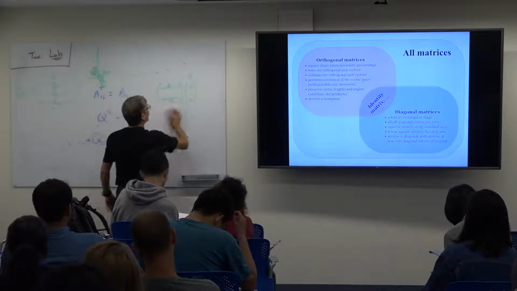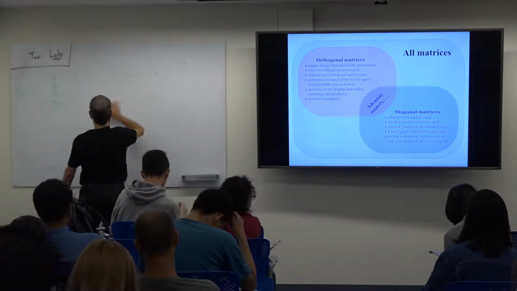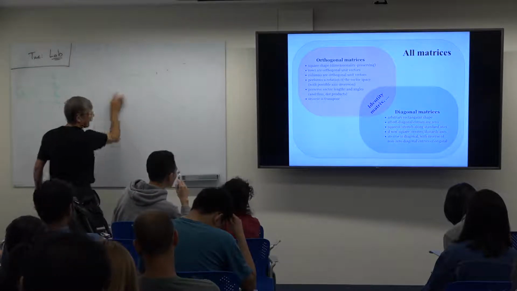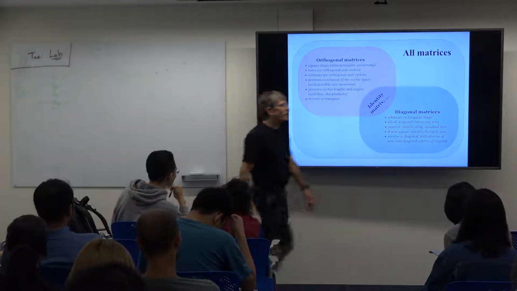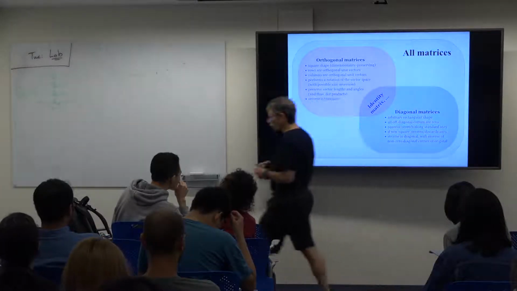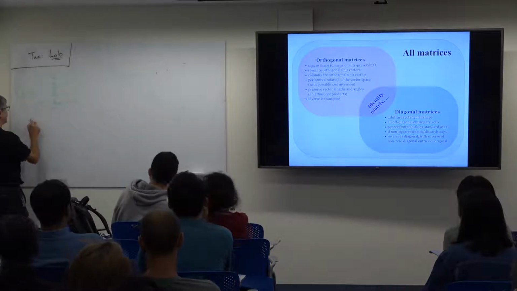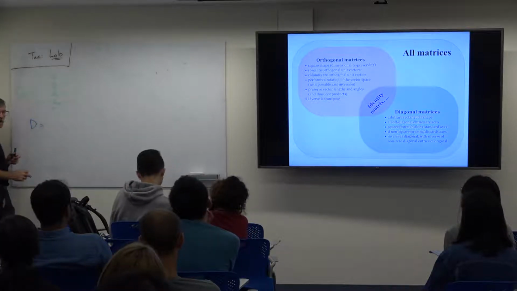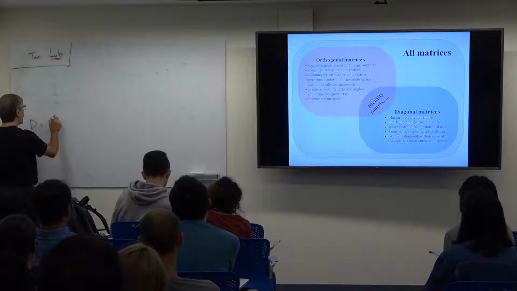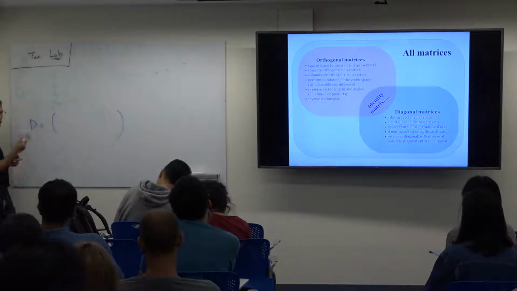So now I define a diagonal matrix, D for diagonal. So I'm going to have a diagonal matrix called D, and it can have an arbitrary shape. For now, I'll have it be wider than it is tall, but it doesn't have to be.